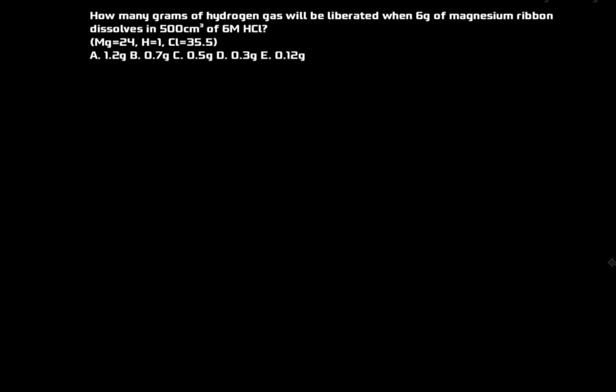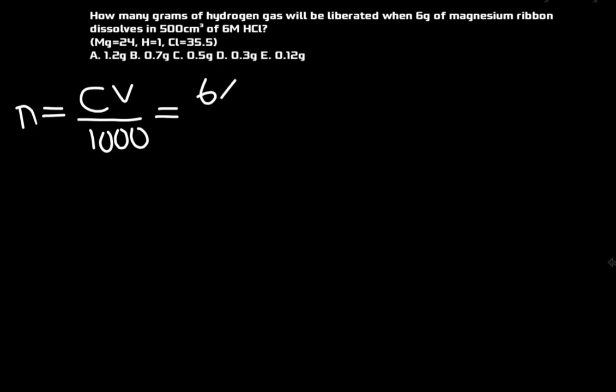The first step: you say n, which is the number of moles, equals the molar concentration of HCl times volume. And since the volume was given to us as 500 cm³, we divide by 1000. So if we plug in our data, the molar concentration is 6, times our volume 500, divided by 1000.